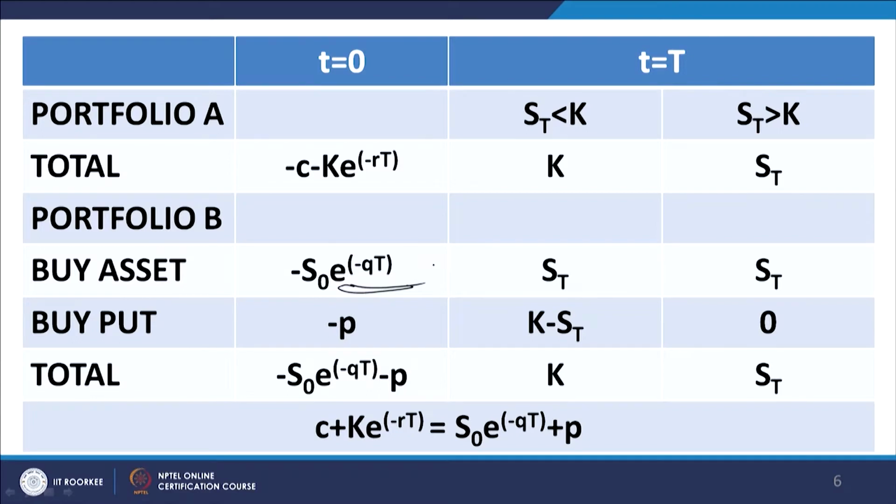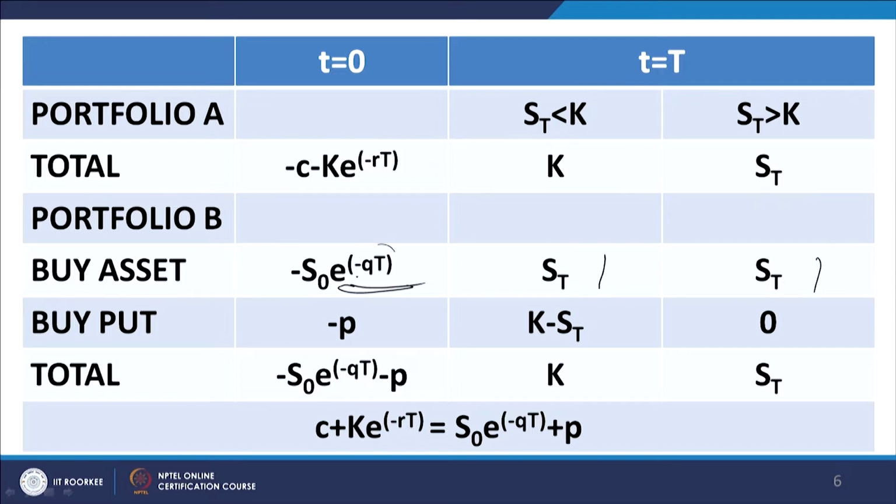You need only e to the power minus qt units at T equal to 0, because that will grow due to the yield by the exponential factor q, and you will get 1 unit at this point in time. This 1 unit is sold in the market to get a cash inflow of ST.